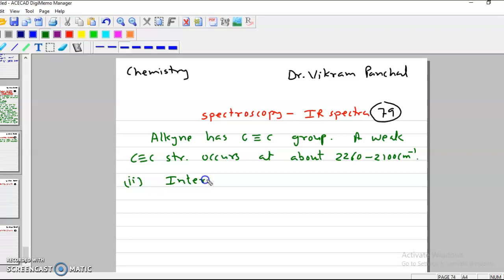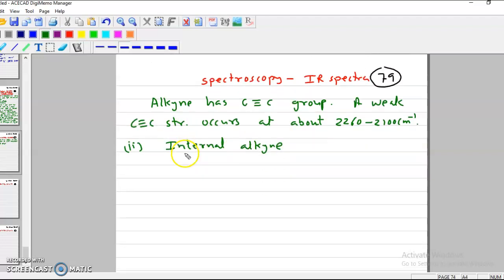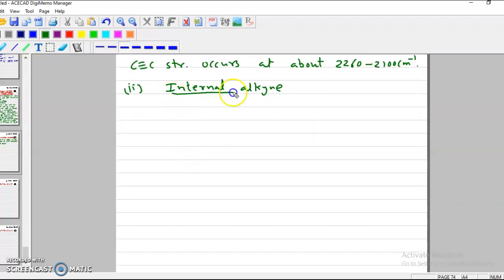Second is internal alkyne, in which C triple bond C will be between the chain, and there are two types of internal alkynes.